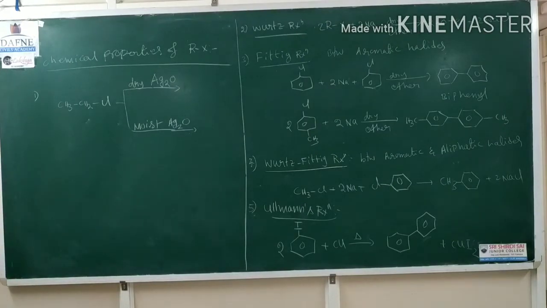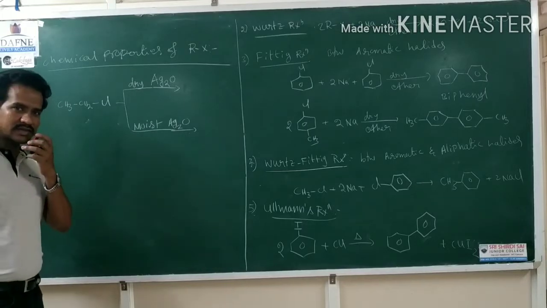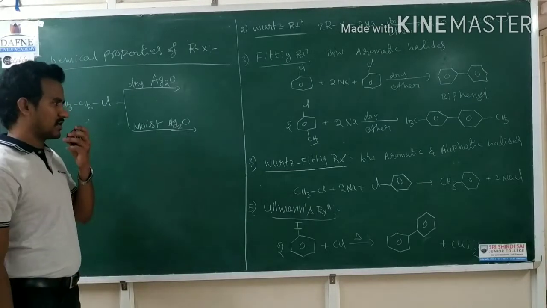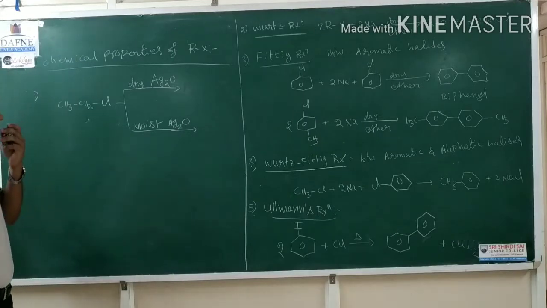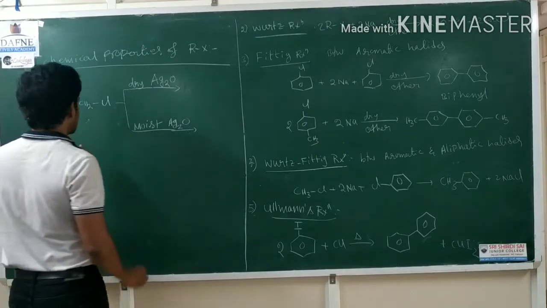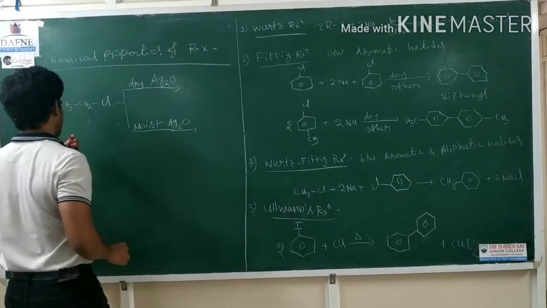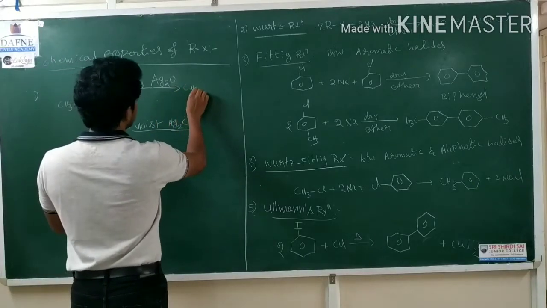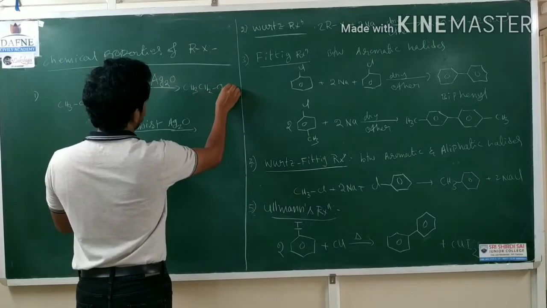With silver oxide, we have two chances: either dry silver oxide or moist silver oxide. With dry silver oxide, the product is diethyl ether.